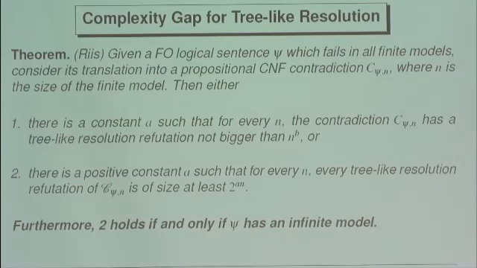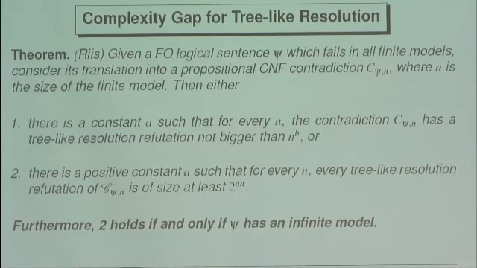Now, for such translations, we have only two cases. Either all the translations have tree-like refutations of size polynomial in n, where n is the size of the finite model, and that happens for every finite model, for every n, or they require tree-like resolution refutations of size fully exponential in n, 2 to the constant times n.